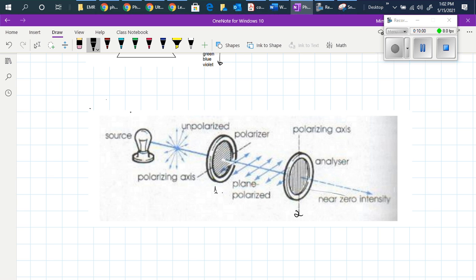So based on the polarization evidence, we may conclude that light behaves as a transverse wave, not as a longitudinal wave. This is in terms of polarization, and this concludes the wave nature of light lesson.